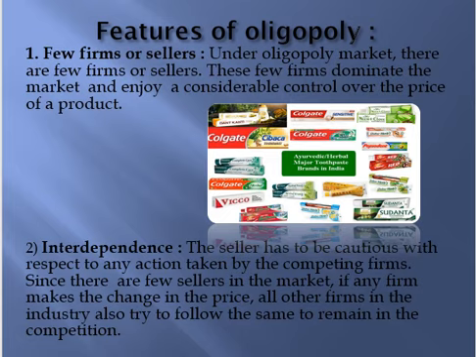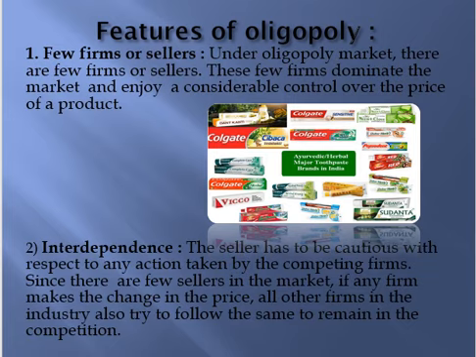Since the sellers are few, they have to be very cautious about any action taken by their competing firm. If other firms are competing in terms of brand name, price, commodity, or quantity sold, the seller has to watch towards whose product the consumer is inclining.